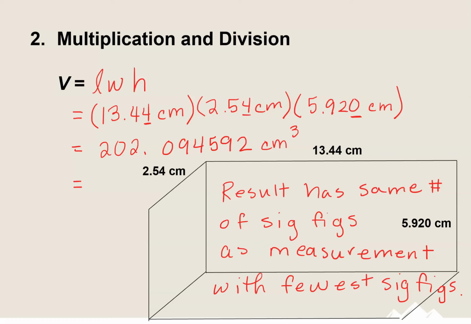Trailing zeros are significant if and only if there's a decimal point in the number. And because there's a decimal point here, that trailing zero is significant. There are 4 significant figures. 4 significant figures times 3 significant figures times 4 significant figures, it's going to be 3 significant figures. So I'm going to round off my volume after the 3rd digit.